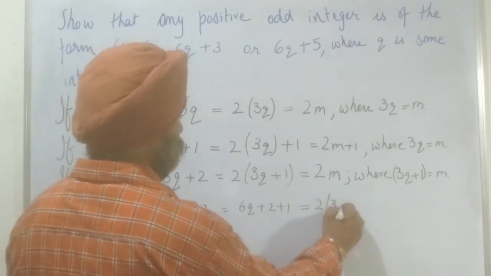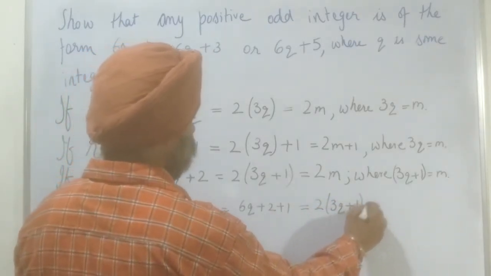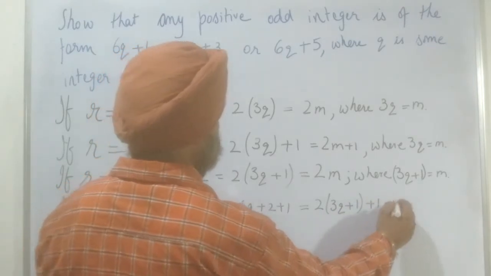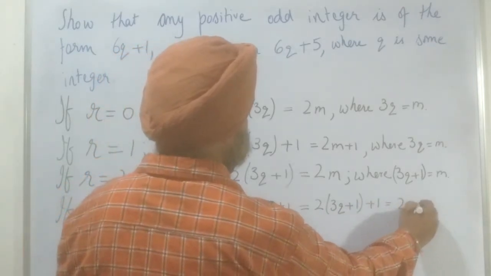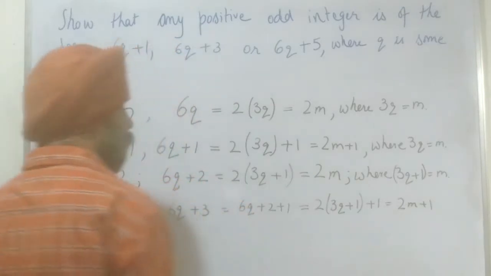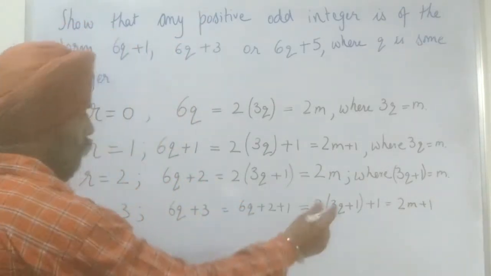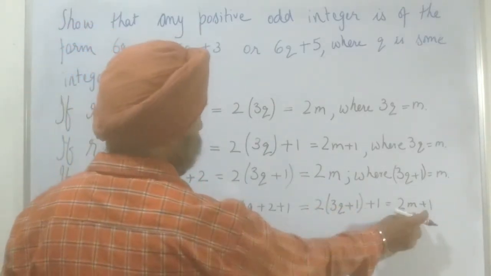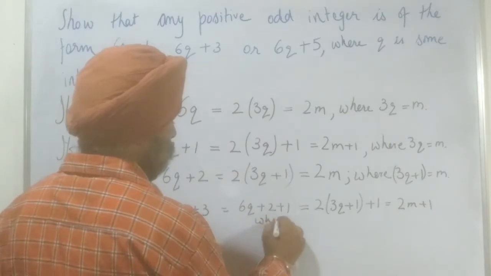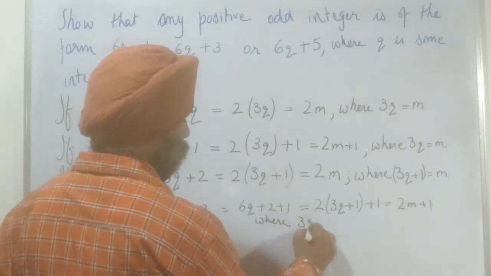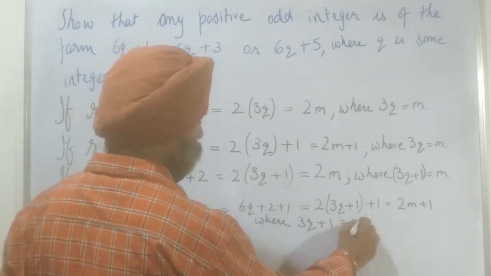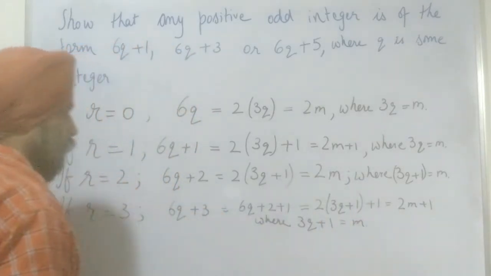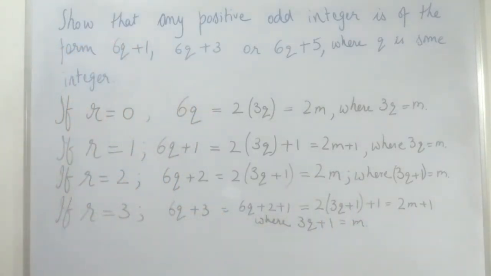So 2 times 3q plus 1 is equal to 2m plus 1. Now this is equal to m, so we can write here where 3q plus 1 is equal to m. Now I hope this is clear till here.